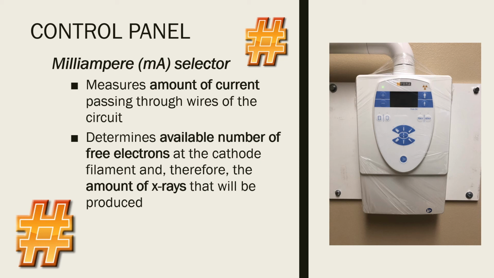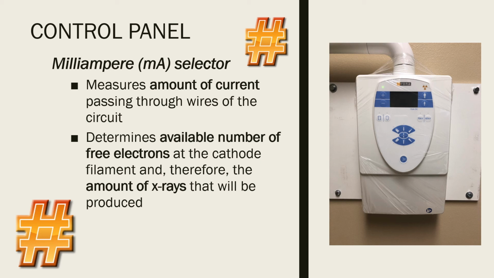Milliamperage selector can be adjustable, where you would set it yourself, or it can be preset, like the ones that we have in lab, where it is connected directly to the on and off switch. So once you turn the X-ray machine on, it will automatically be at 7 milliamperage setting.